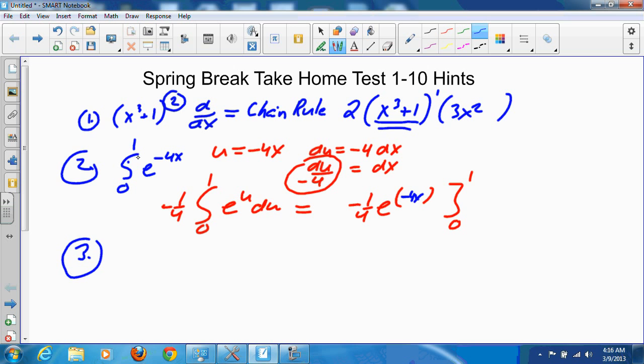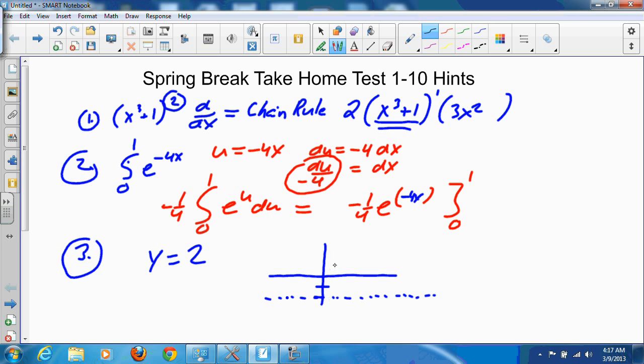Alright, on the third problem, they're giving us some information. They're telling us that y equals 2 is a horizontal tangent. So just sketch that, and you'll see that down at negative 2, the meaning of this is that the graph will approach this, maybe something like this.